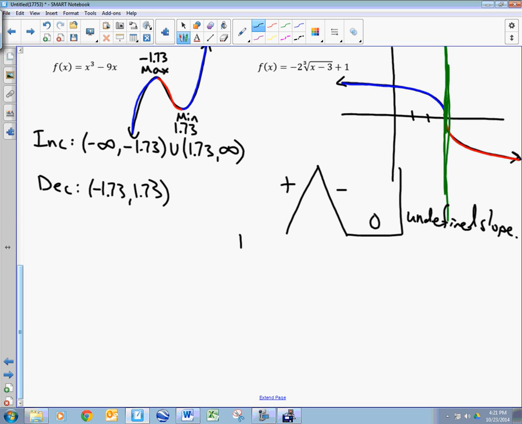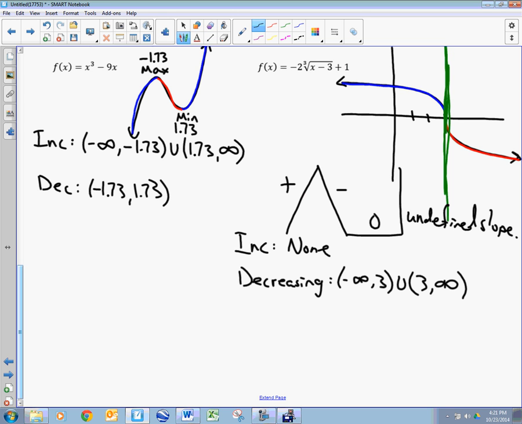So increasing: none. But decreasing would be from negative infinity to positive 3. We would not include 3 because in fact the slope is undefined at that one spot.